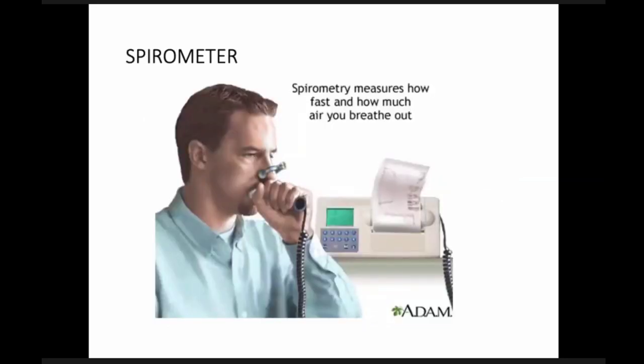Another equipment that we use is spirometry. We have done that in physiology. Spirometry measures the FEV1 and FVC, forced expiratory volume in the first second and forced vital capacity, and one can calculate the FEV1 over vital capacity ratio.